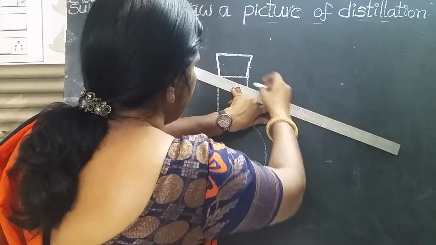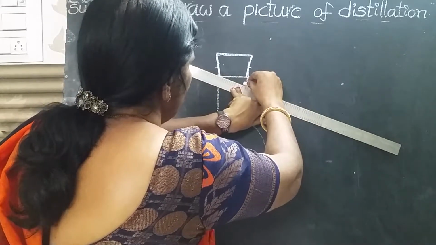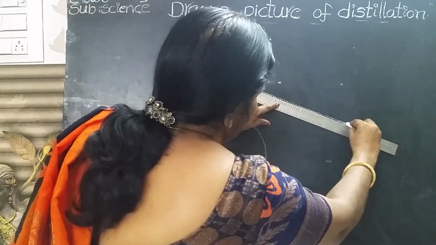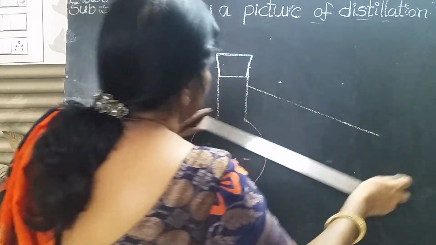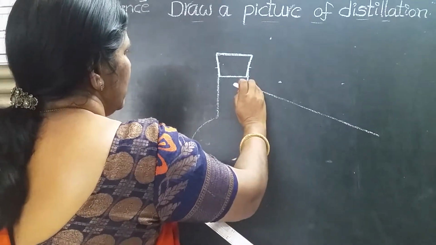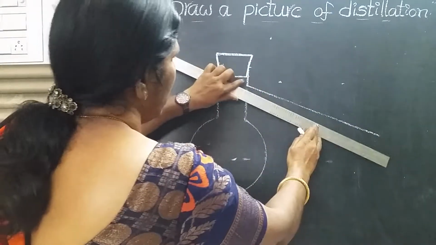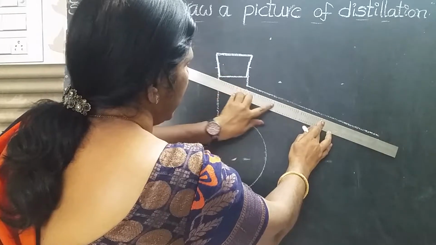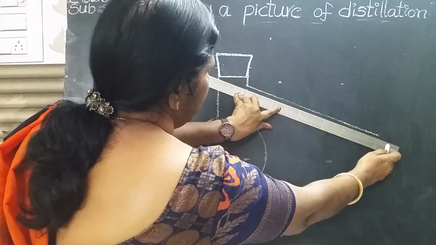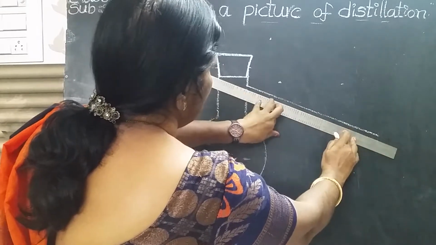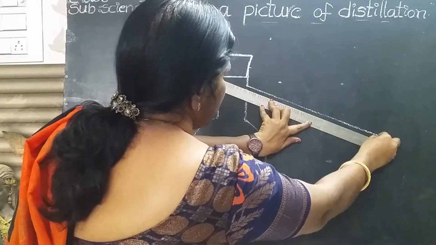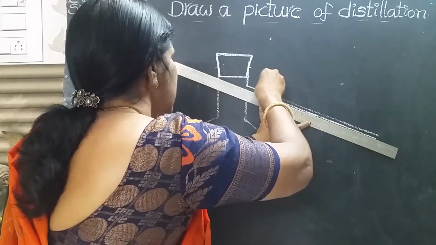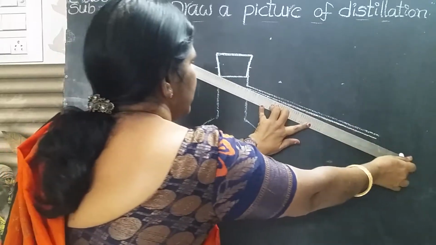Okay, slanting lines, two slanting lines like that. Okay, one more line, two slanting lines. Draw very carefully. Okay, keep the scale properly first and draw two slanting lines like that.